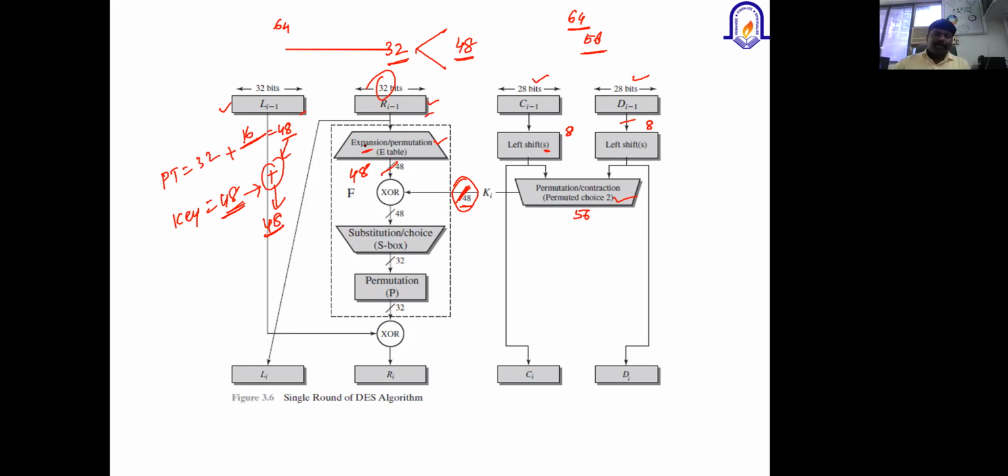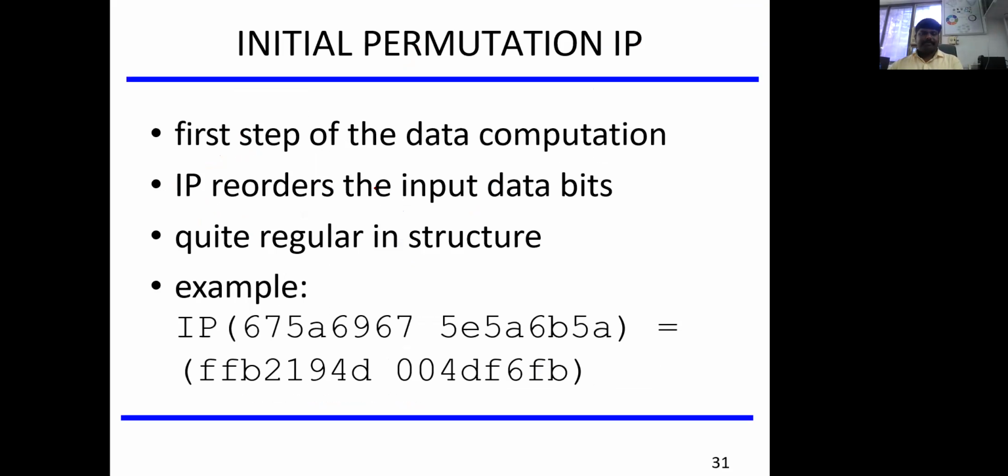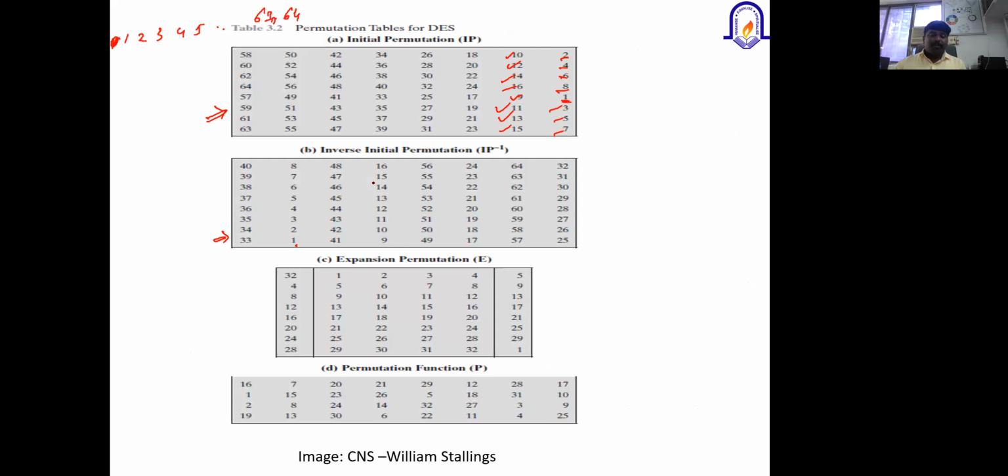For that we use the expansion or E table. With the help of the expansion table, my 32-bit data is expanded to 48 bits. If these are my 32-bit values, 1 to 32, 1, 2, 3, 4, 5, 6, 7, 8, 9, 10, 11, 12, till 32, then when I apply the expansion function, additional 16 bits are added.